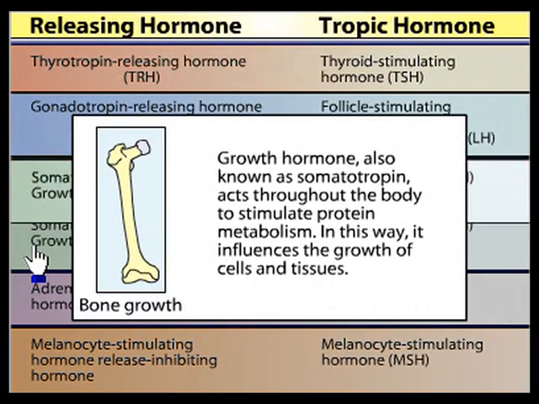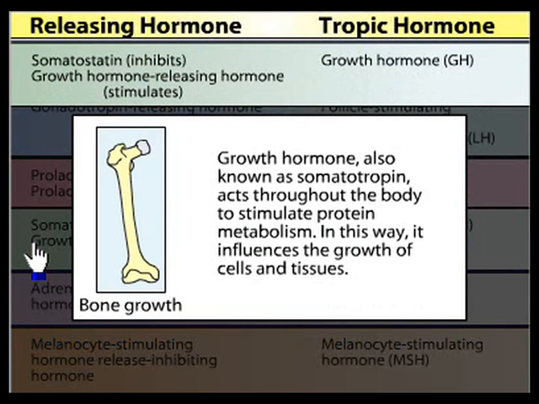Now we have somatostatin, which inhibits the growth, and somatotropin or the growth hormone releasing hormone, which stimulates the growth. Both of them together control the production of growth hormone. The growth hormone from the pituitary, also known as somatotropin, acts throughout the body to stimulate protein metabolism. In this way, it influences the growth of cells, tissues and bone growth.